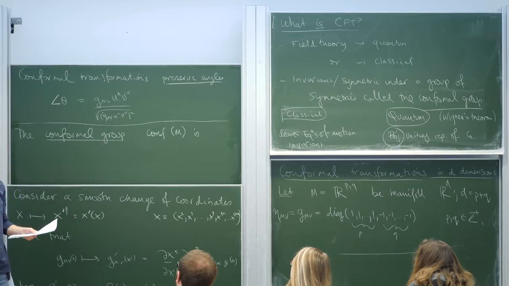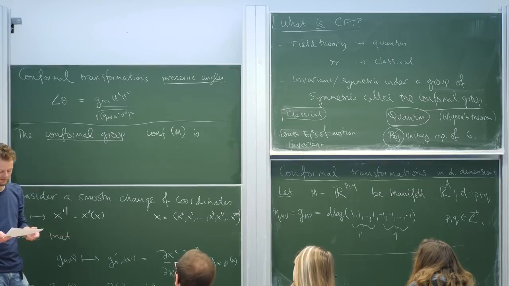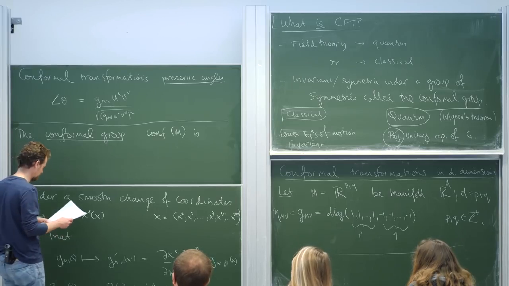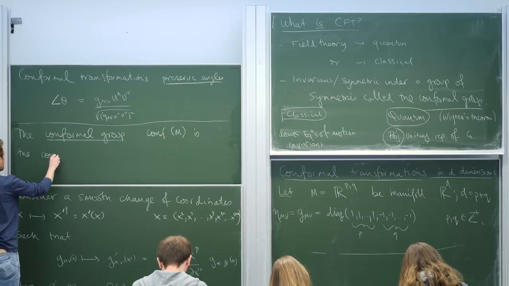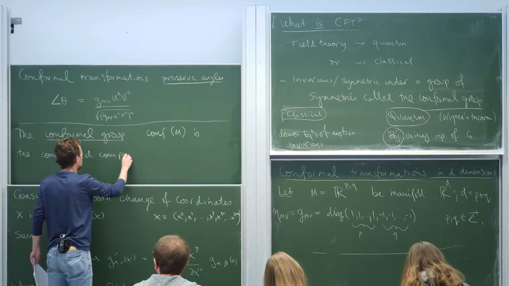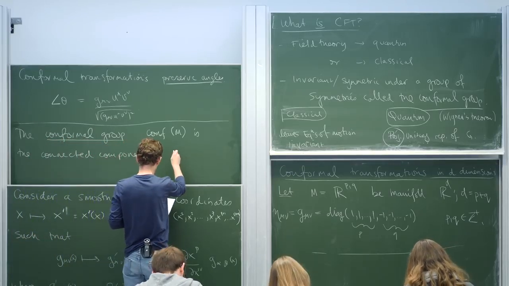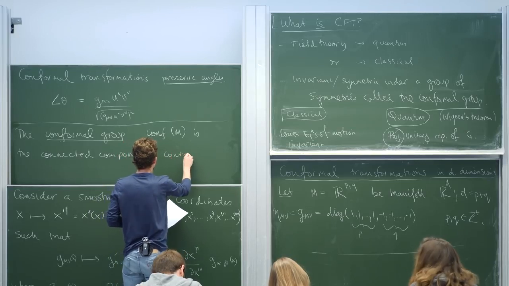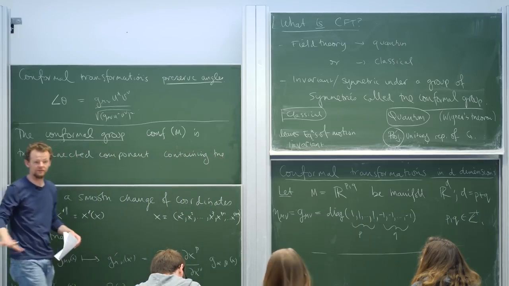This is somehow trivial, so the hard stuff is not those kinds of transformations, but rather the transformations that are continuously connected to the identity. And so that's the definition: the connected component containing the identity transformation, which is definitely conformal, right?